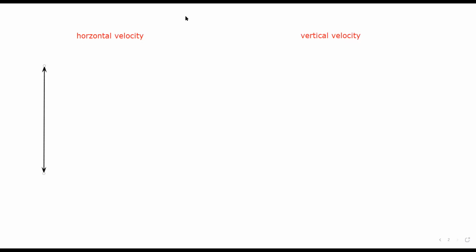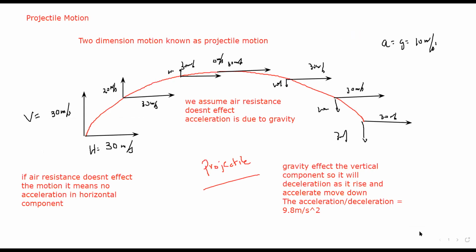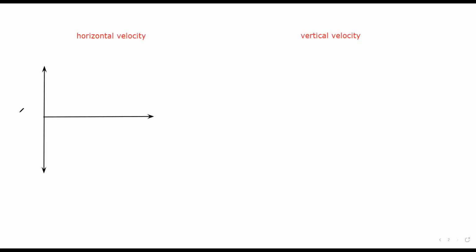Horizontal velocity, as you know, does not change at all because there is no acceleration. So there is no change in the value. If it's a velocity-time graph for horizontal motion, it will be a horizontal line.